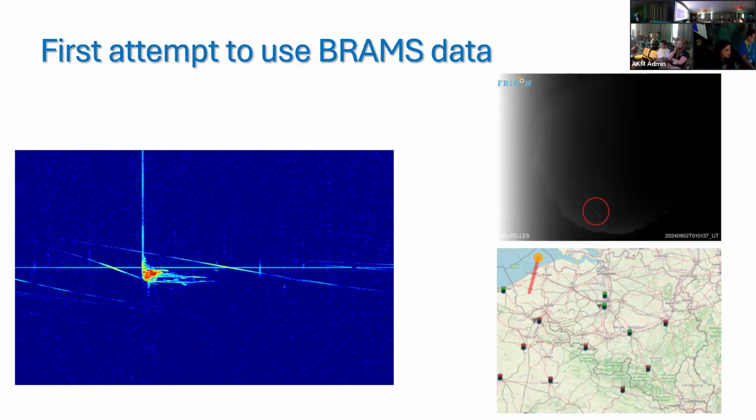To do that, we did a little of what Joachim did during his thesis, which he will present later on: reconstructing trajectories using Brahms data and comparing to existing optical observations, in this case from the Fripon fireball network, where you see one that was detected nearby Brussels, and here was the trajectory, and this is the corresponding Brahms data.